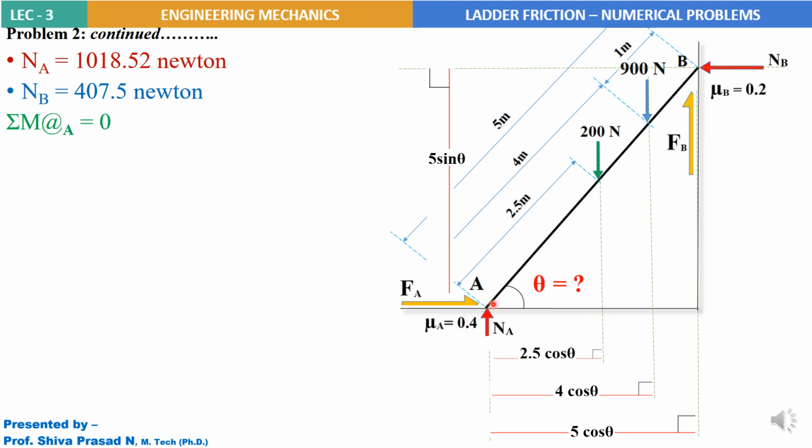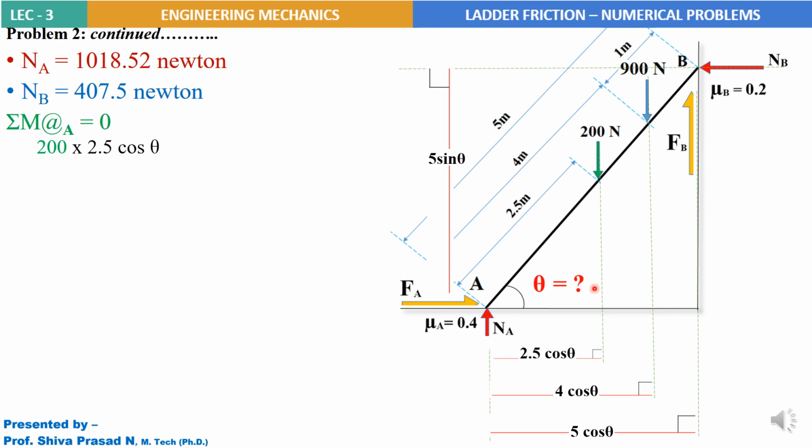So let me apply the moments about A, that is the third condition of equilibrium. For this, the sign conventions are clockwise moments positive and anti-clockwise negative. So the same sign convention let us consider. So 200 into 2.5 cos theta.